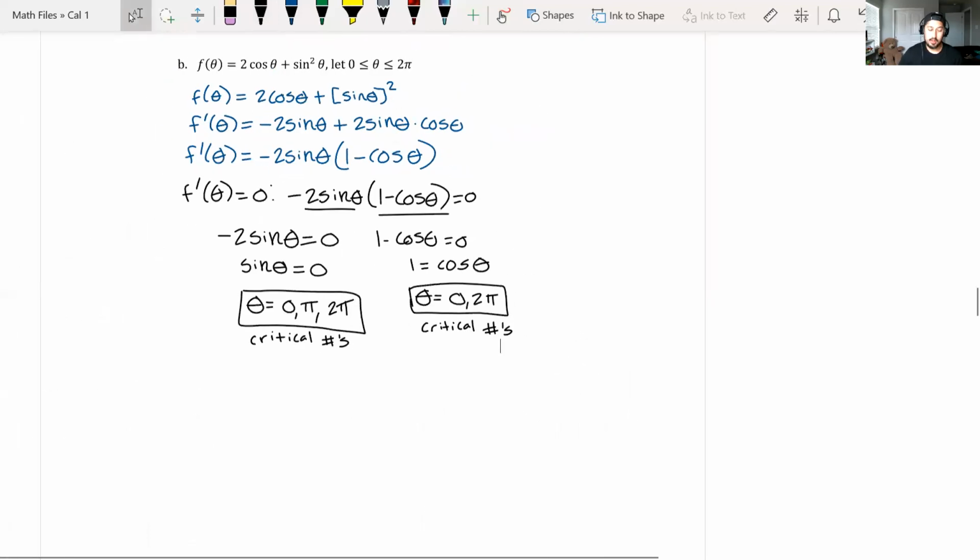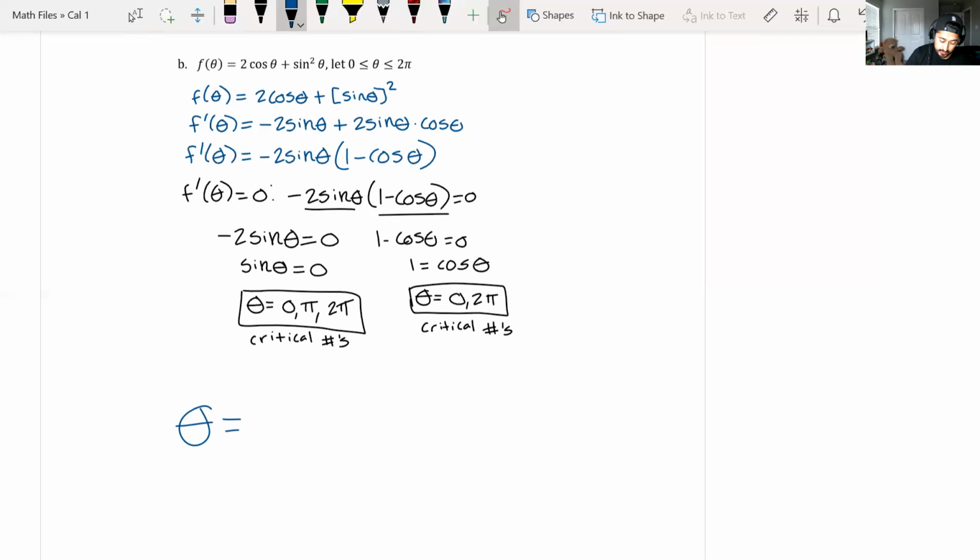Okay, let's say that these restrictions weren't given. Let's say 0 to 2 pi was not given. Let's say that you needed a solution to represent infinitely many solutions. Well, for sine to be 0 all the time, theta would have to be what is happening at every pi.